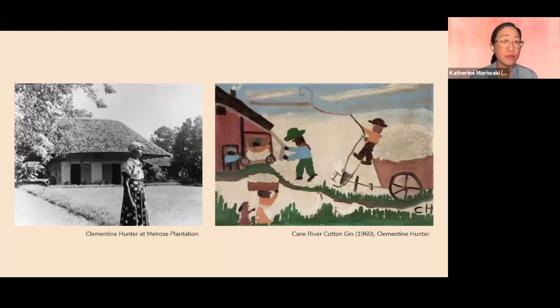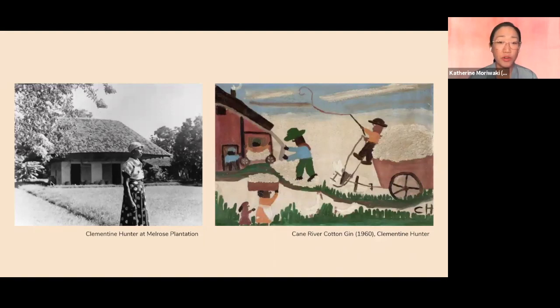And I think that it is impossible to talk about disparities in wealth without really talking about the foundation of American wealth and the wealth of the United States, which is essentially rooted in capitalism, and a kind of capitalism that relied on slavery. This is an artist, Clementine Hunter.